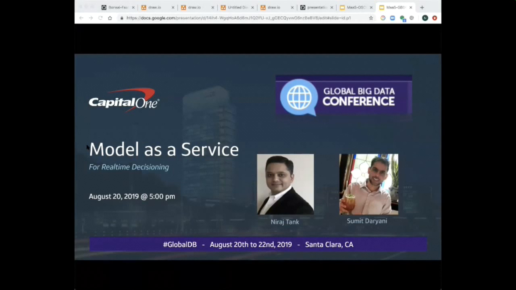So a little background about what we do at Capital One. We are working on operationalizing ML at Capital One for the past few years. And we have built an ML platform entirely based on open source technologies. That was an evolutionary journey.